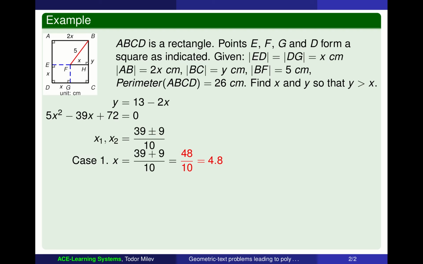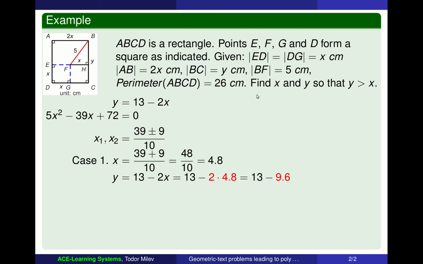Okay. Now, what about y? I found x, right? So what about y? Well, y is equal to 13 minus 2x. But we already said that x is equal to 4.8. So I can replace x with 4.8. Now, 2 times 4.8 is certainly 9.6.